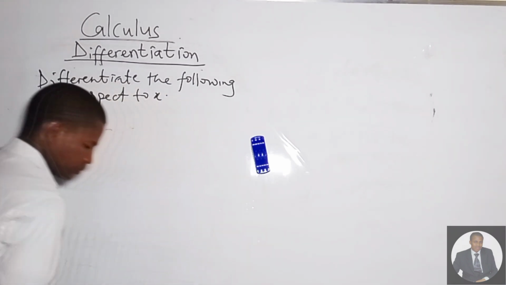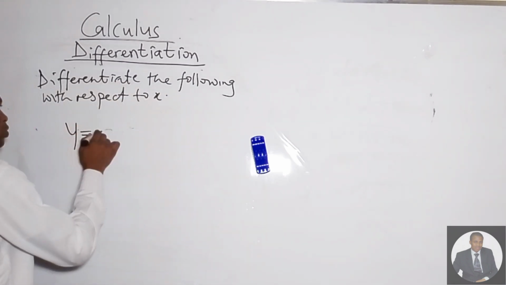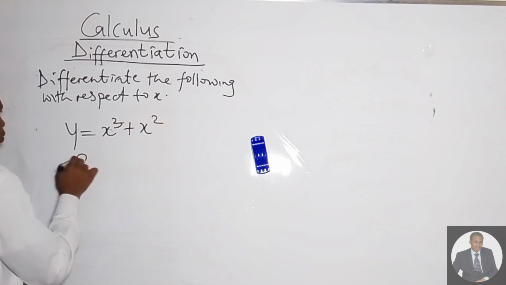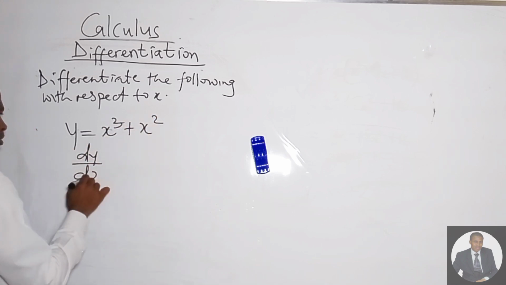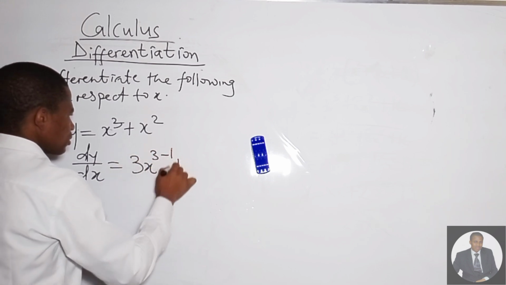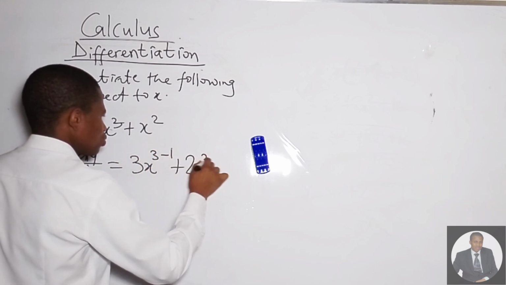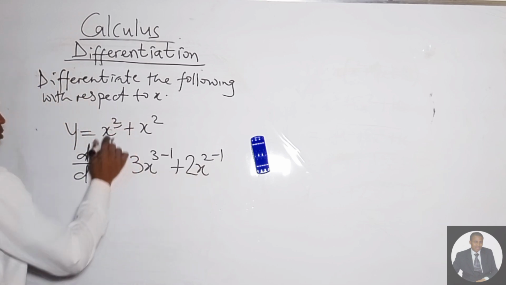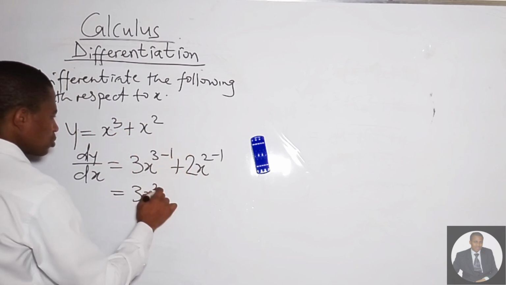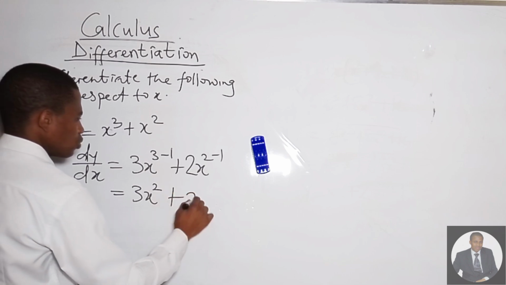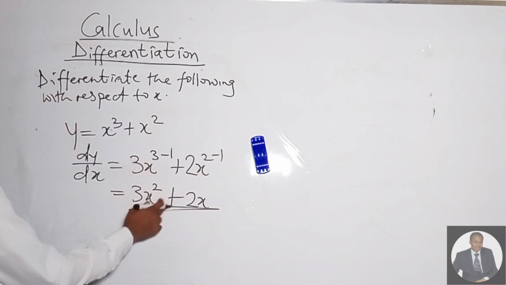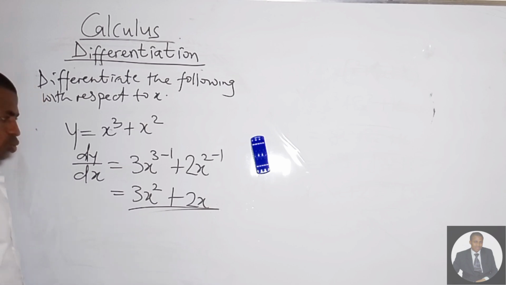Another question. y equals x cubed plus x squared. So dy/dx will be 3x to the power 3 minus 1 plus 2x to the power 2 minus 1. So that will be 3x, 3 minus 1 is 2, plus 2x, 2 minus 1 is 1. So our answer will be 3x squared plus 2x.